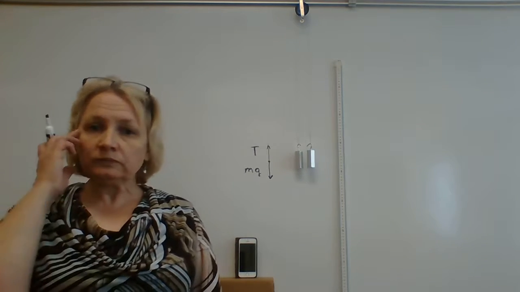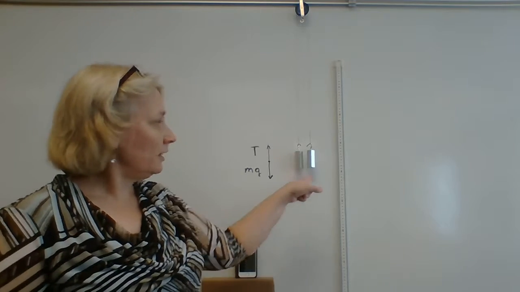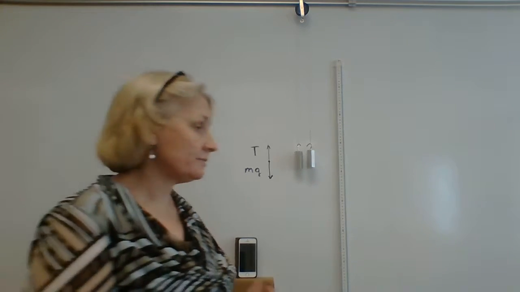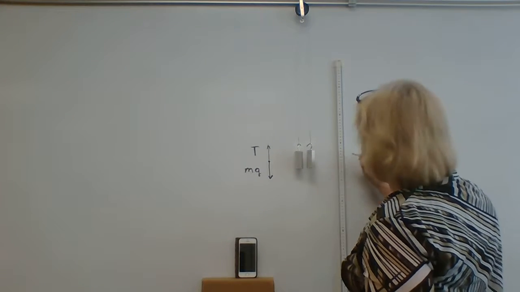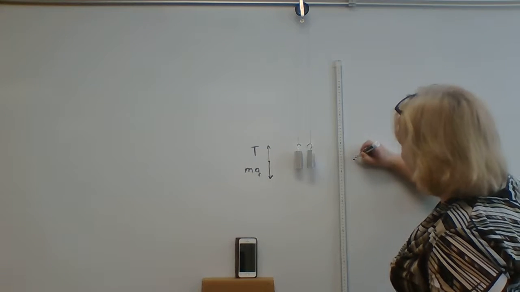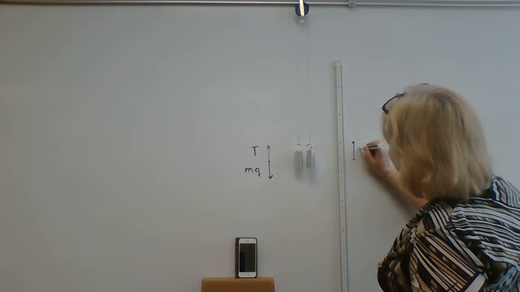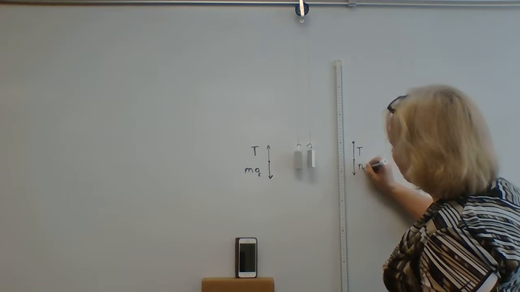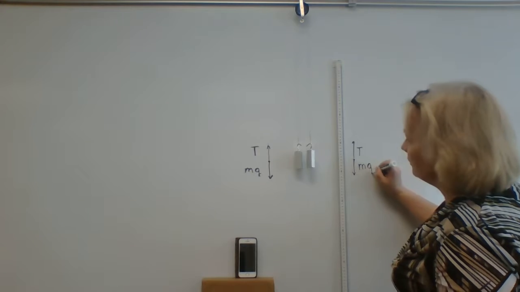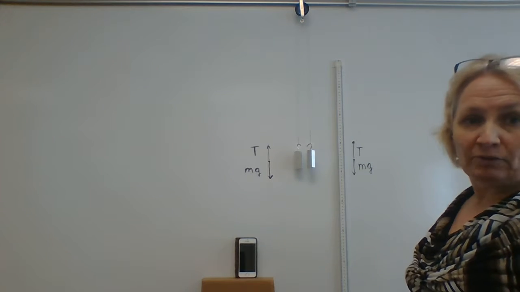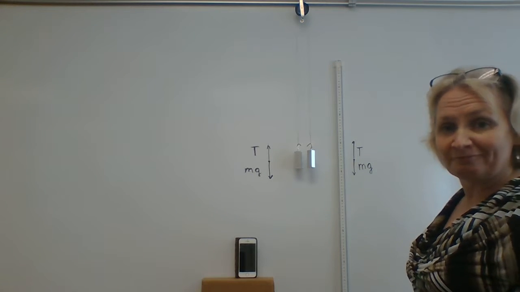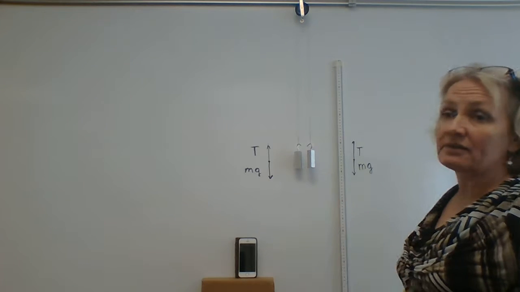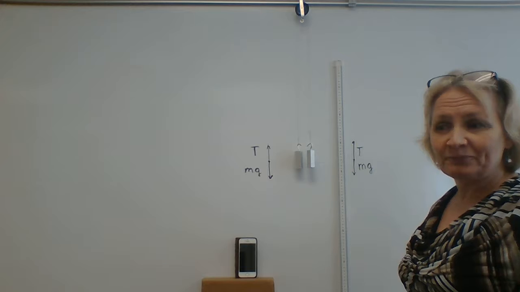Now, here you see that you have two blocks, and each of them is experiencing equal tension, which means they're experiencing equal gravity, right? And the masses are equal to each other.